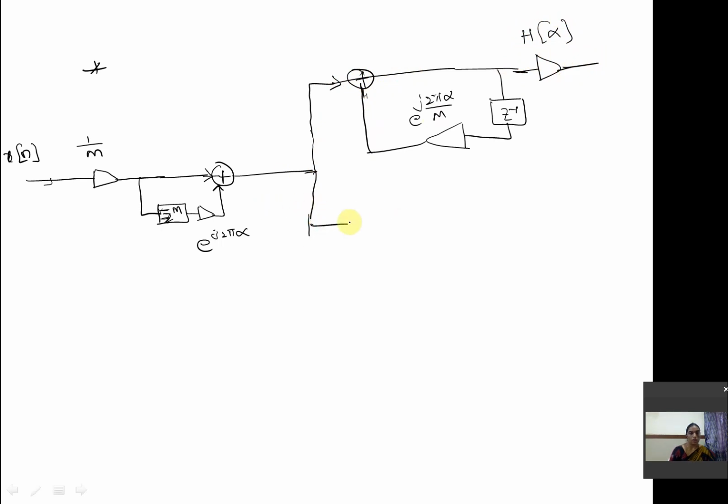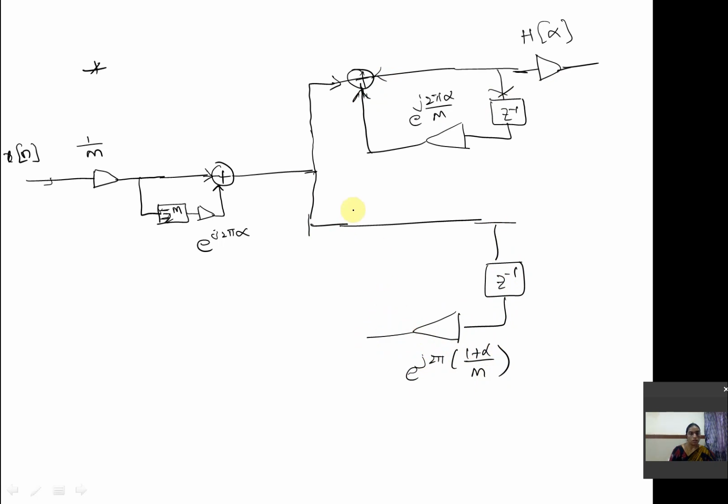Now the second one. Similarly, the second one means z^{-1}, k equal to 1 means e^{j2π(1+α)/M}. You sum this one, and then the multiplier H(1+α).